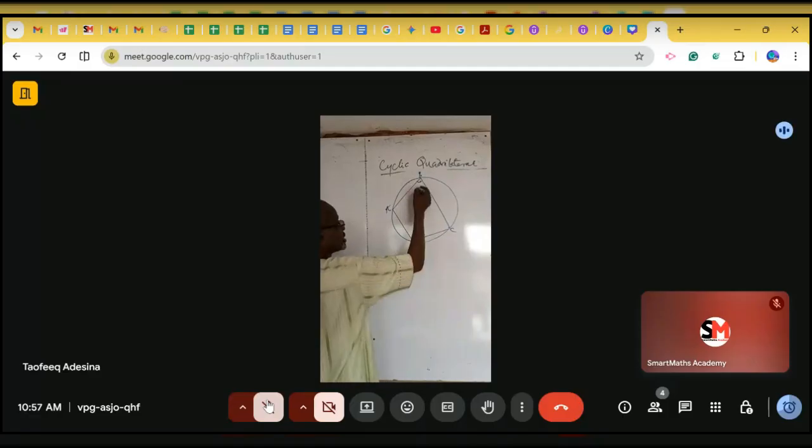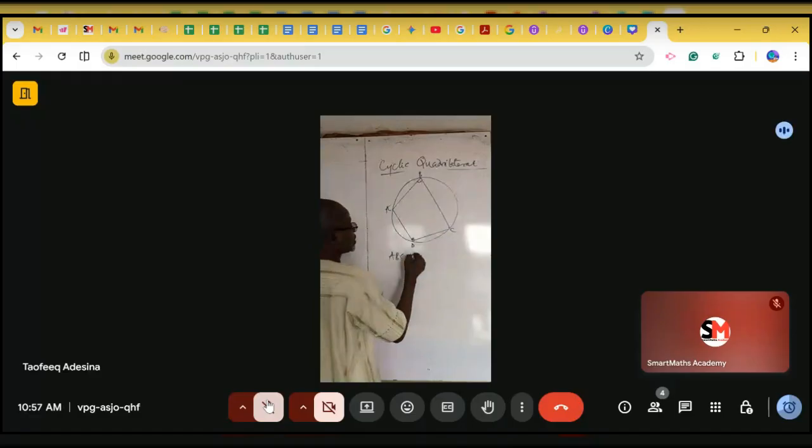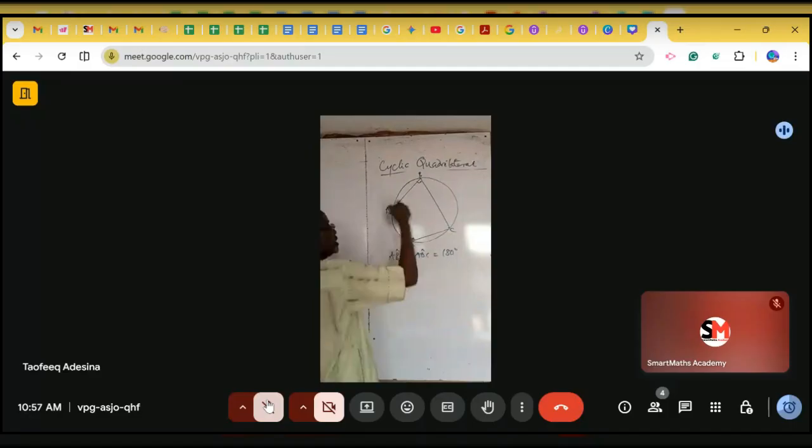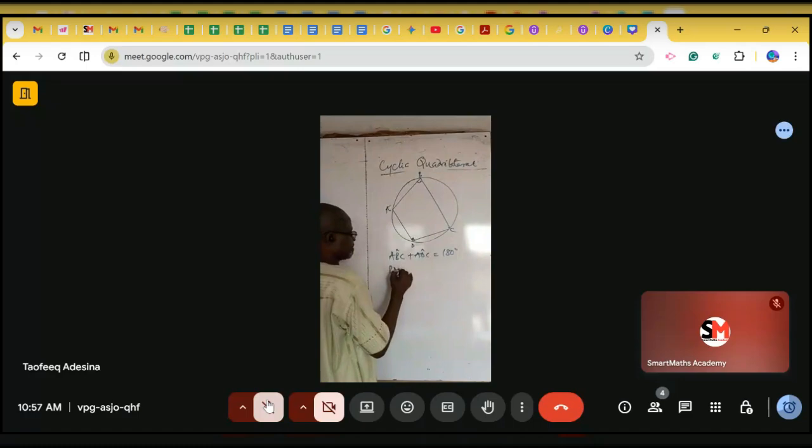That is, this one and this add up to 180 degrees. ABC plus ADC is equal to 180 degrees, or BAD plus BCD is equal to 180 degrees. That's the first theorem repeated today.